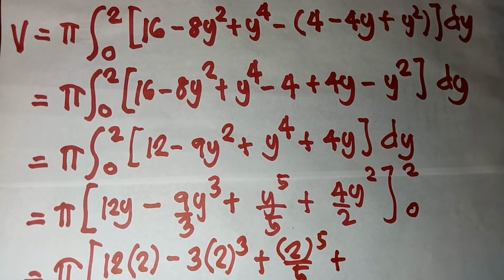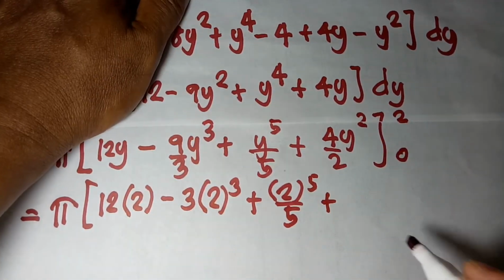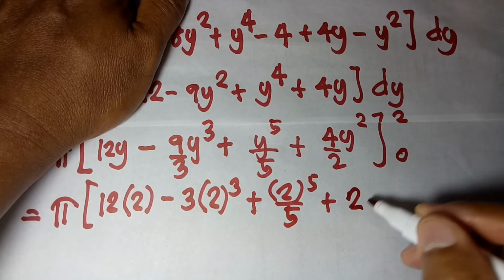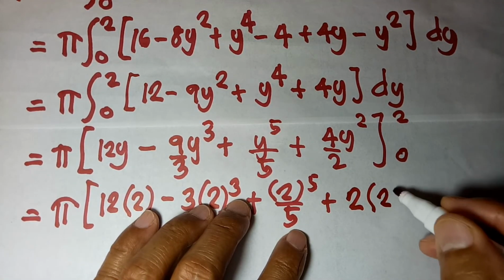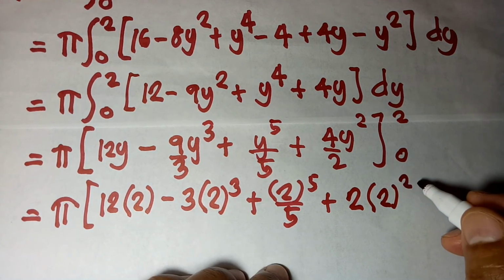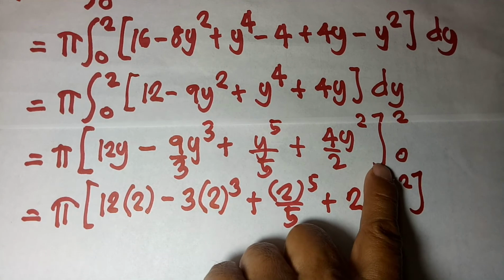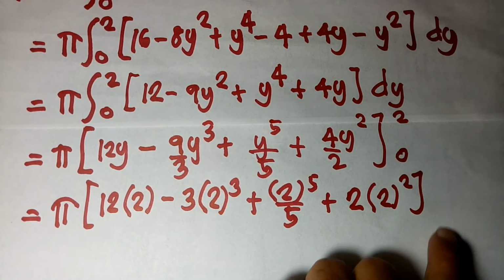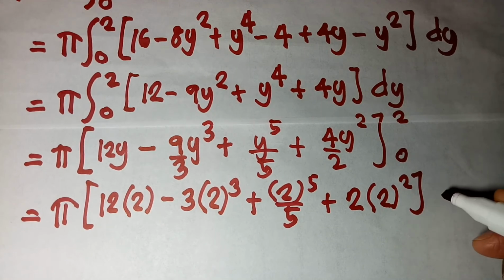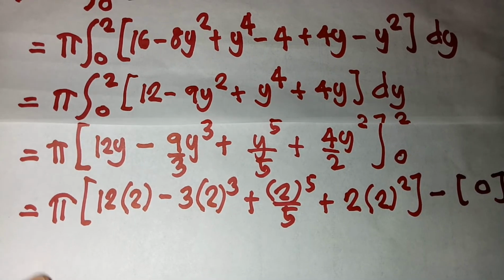And then plus 4 divided by 2 ay 2. Tapos yung y na yun papalitan natin ng 2. So times 2 squared. Next, when y is 0, so dahil lahat ng term ay may y, so lahat ng term ay magiging 0. So magiging 0 na yung term na ito.